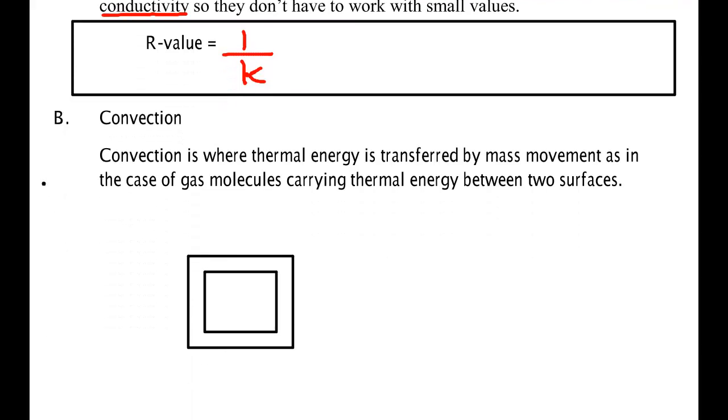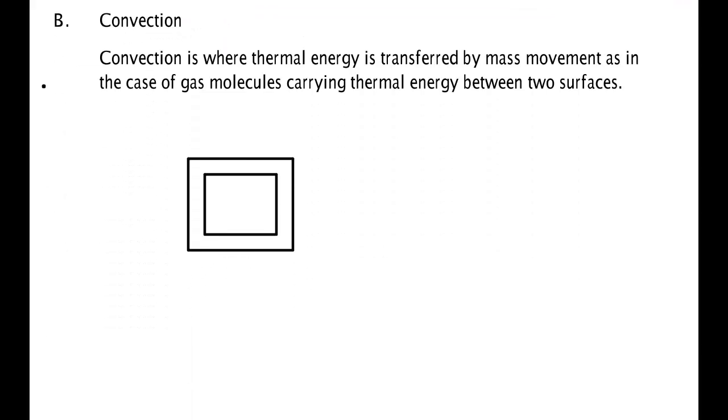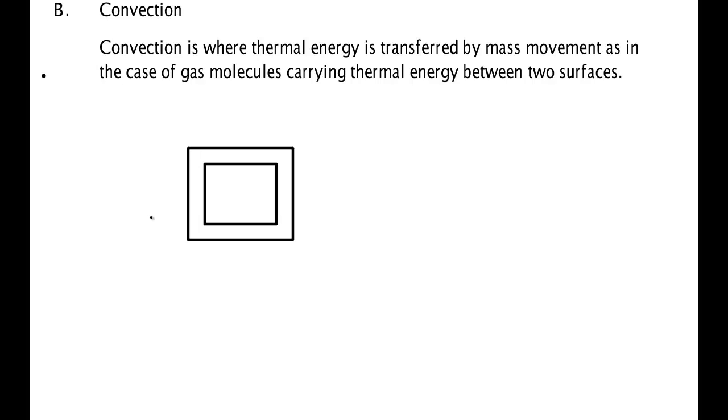Now let's look at convection. Convection questions are generally not going to give you a formula and have you do calculations. What they are saying is that the thermal energy is transferred by mass movement, often in the case of a gas molecule. So, for instance, let's take a thermos. In a thermos, this is your outer surface, and this is your inner surface.